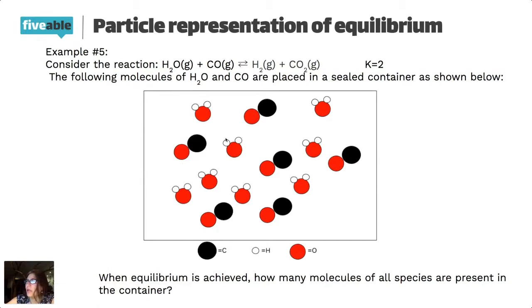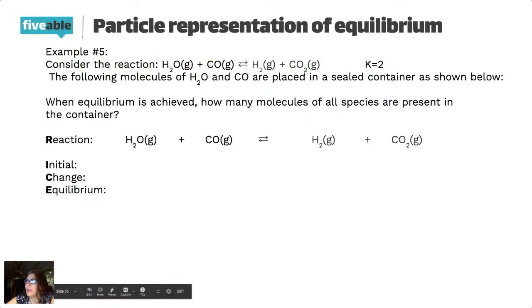I have 1, 2, 3, 4, 5, 6, 7, 8 water molecules. 1, 2, 3, 4, 5, 6 carbon monoxide molecules. So that would be our initial concentrations on the ICE table, right? And then since the products are 0, it's obvious that the reaction will shift right.